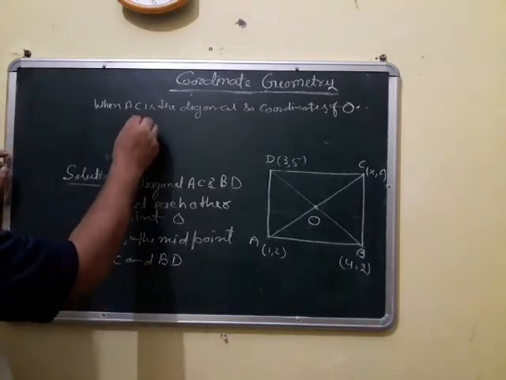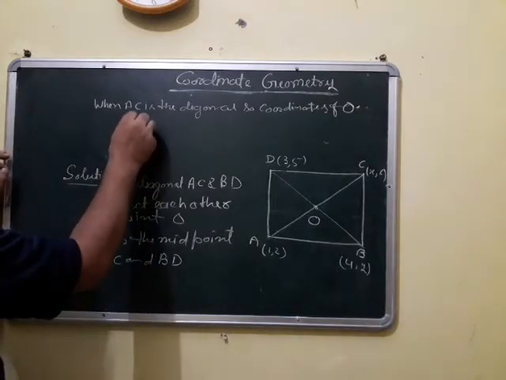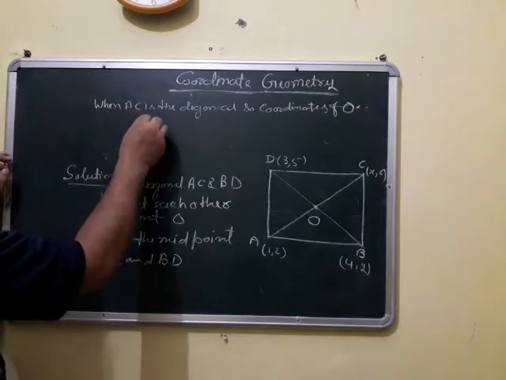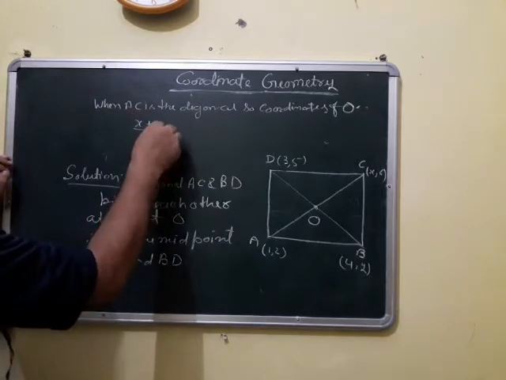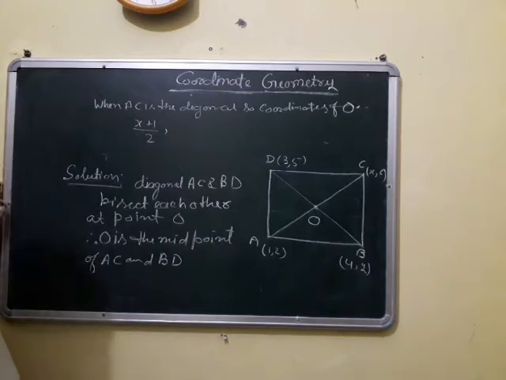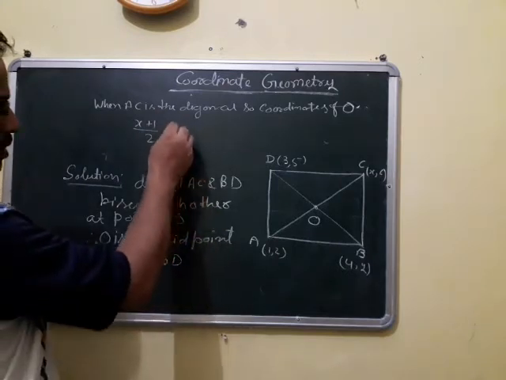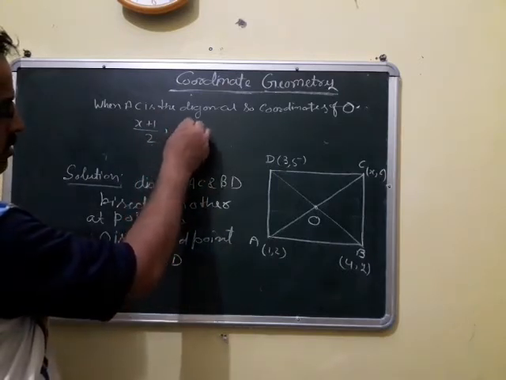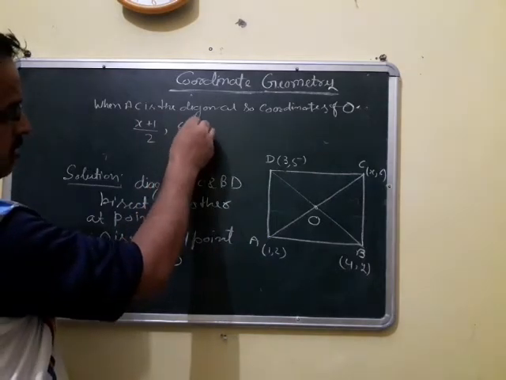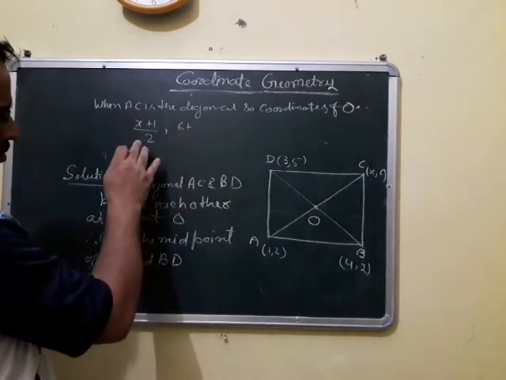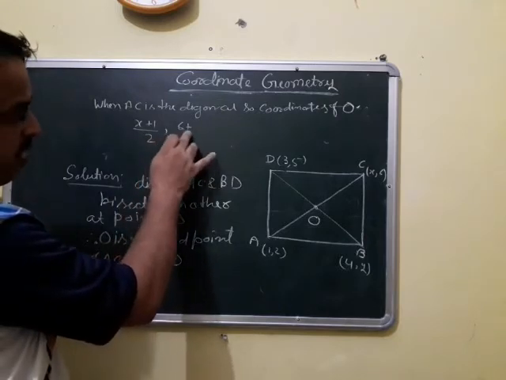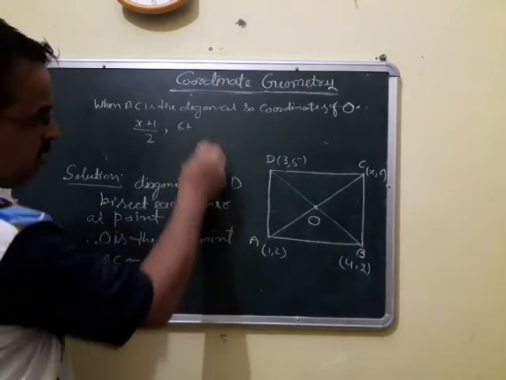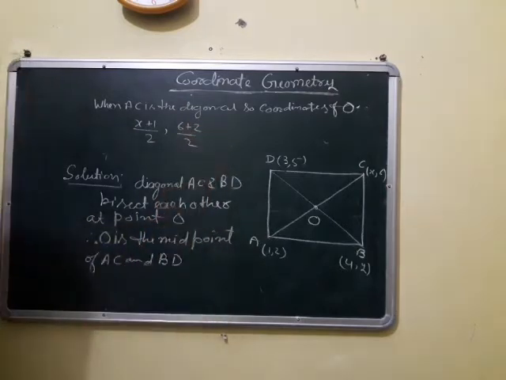So here, with A(1, 2) and C(x, 6), the coordinates of O are ((x + 1)/2, (6 + 2)/2). Clear?